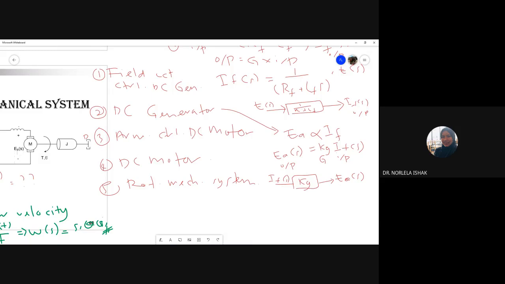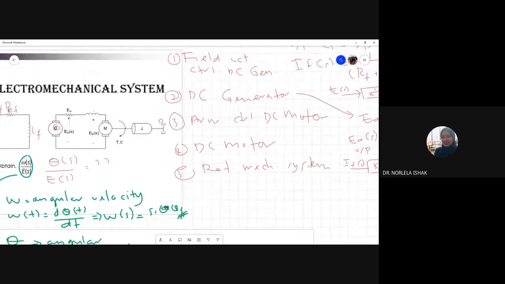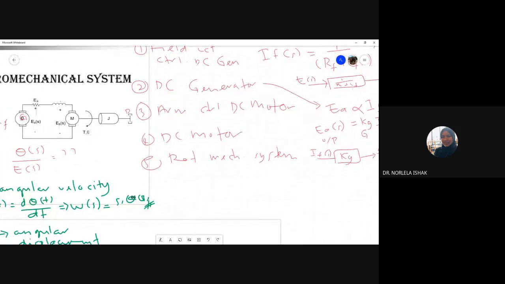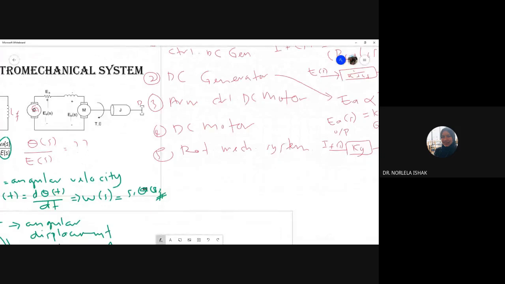Okay, the next equation, armature. Armature control DC motor. So apa equation you can derive from the armature control DC motor? Loop tu. Apa loop dia? Apa Kirchhoff law kat sini? So bila you nak derive armature control DC motor, tutup ni dulu. Okay, so maksudnya ada satu loop dekat situ.